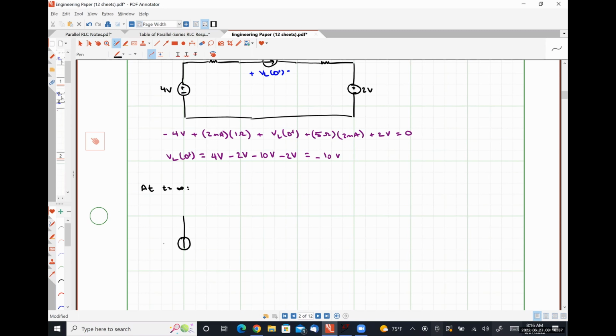So I have a 4 milliamp source in parallel with a 1 ohm resistor. My inductor looks like a short circuit. Here's my 5 ohm resistor. My capacitor looks like an open circuit.